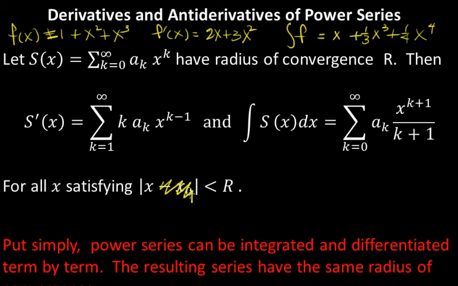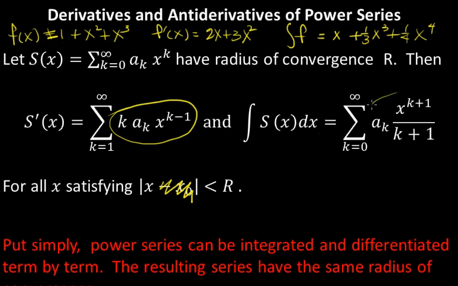Let's just make the center of the power series 0, because that's basically all you're going to work with in our class. If s of x is equal to the sum of a sub k x to the k and has a radius of convergence r, then you can differentiate that infinite series by just doing it term by term.